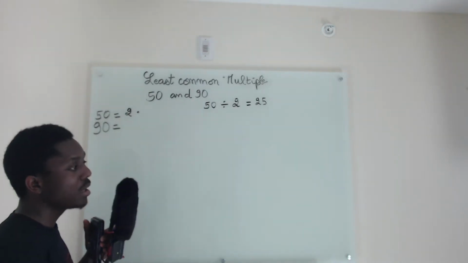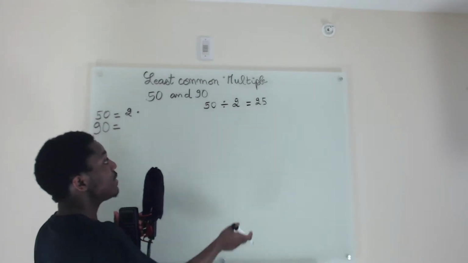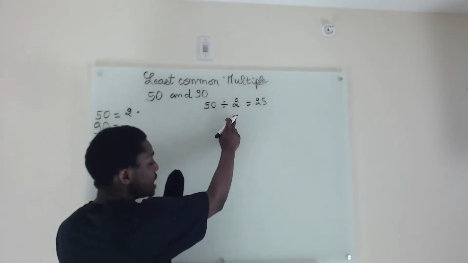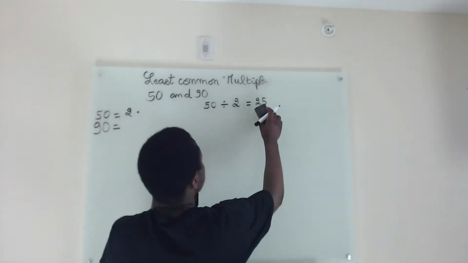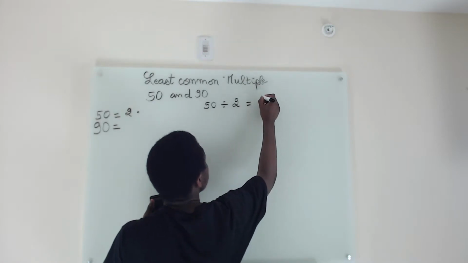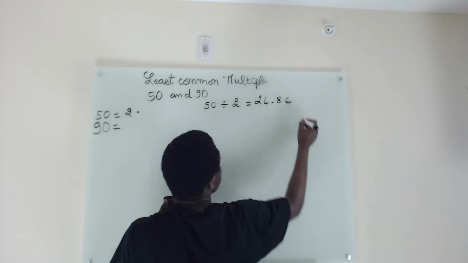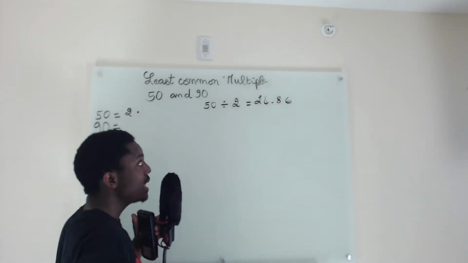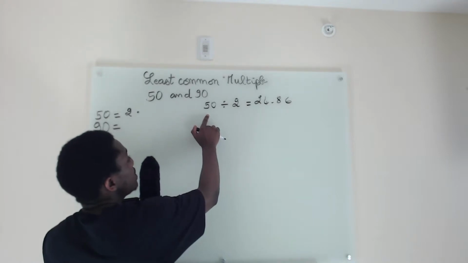But let's say that if I divided 50 by 2 and ended up with a decimal number, let's say 24.86, then in that case 2 is not a multiple of 50.